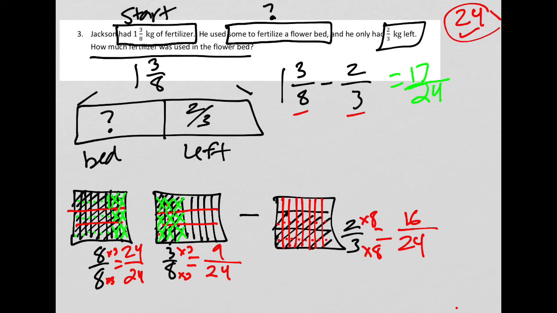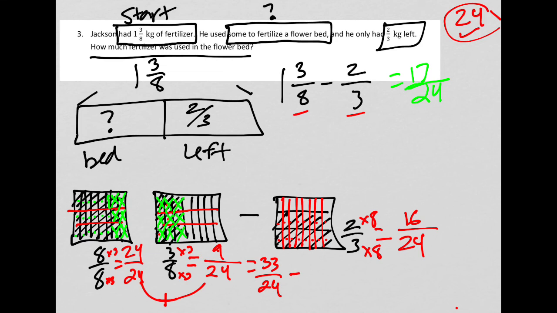Let's quickly look at how that would work numerically just to make sure. So if I have 24 24ths and 9 24ths in my separate pieces, that means all together 24 plus 9 is going to give me 33/24. That means in total, I had 33/24 at the beginning.